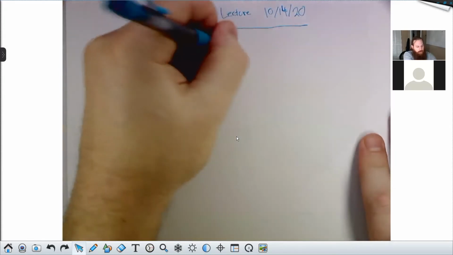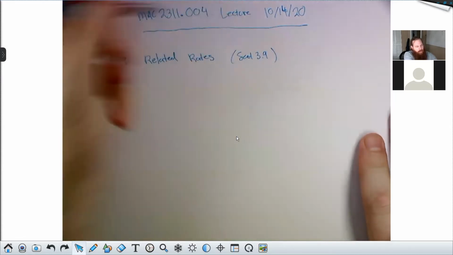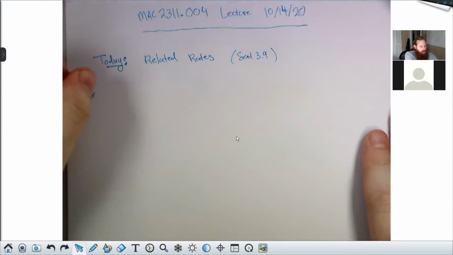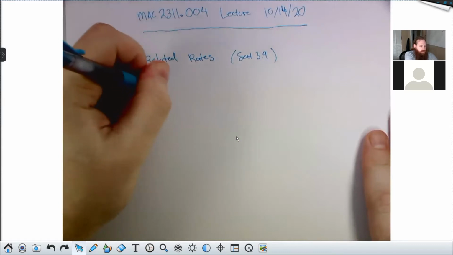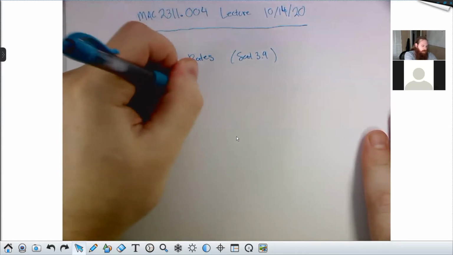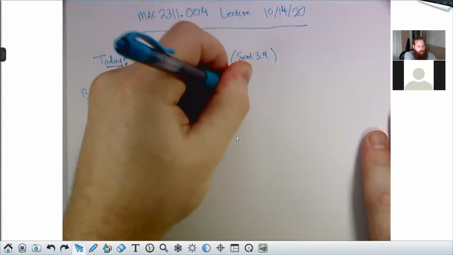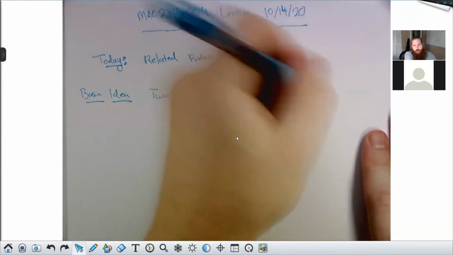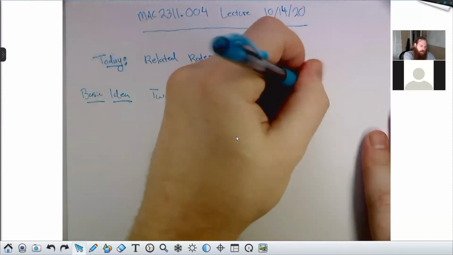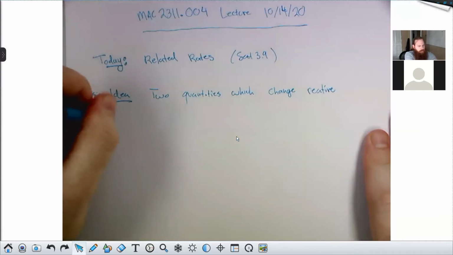Which is section 3.9. The basic idea is that you'll have 2 objects, 2 quantities, which change, usually over time, but change relative to each other.